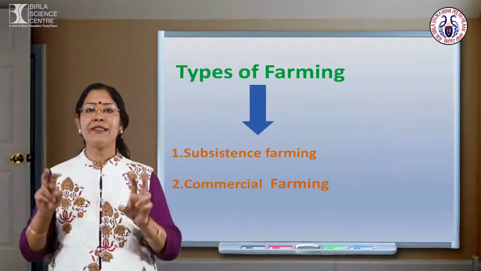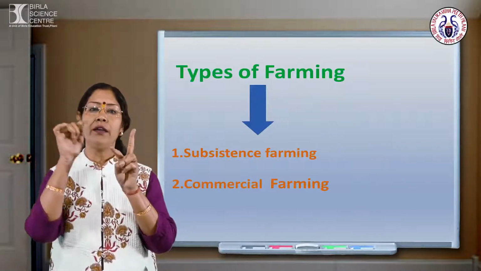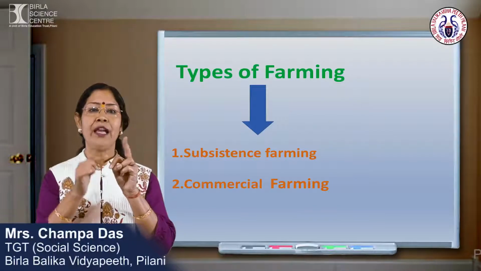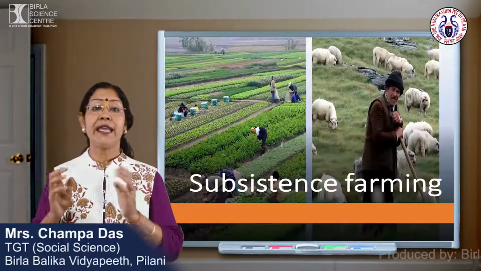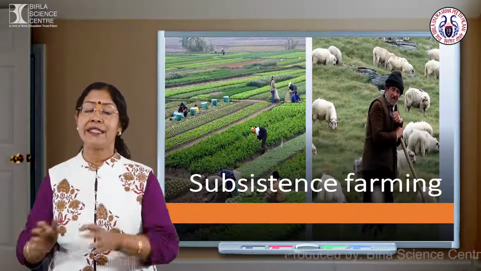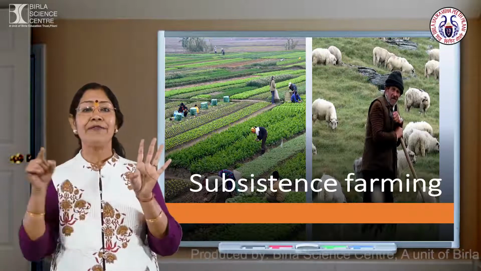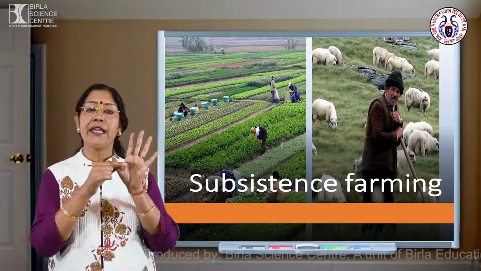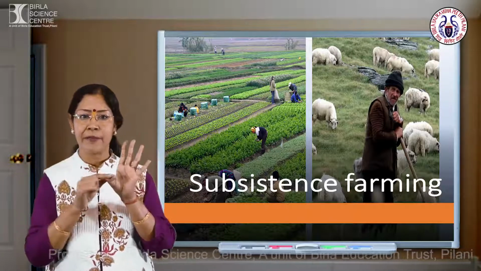Farming can be classified into two main types. They are subsistence farming and commercial farming. Subsistence means existence, something that exists, continuance. The main features of this farming are: it is practiced to meet the needs of the farmer's family.